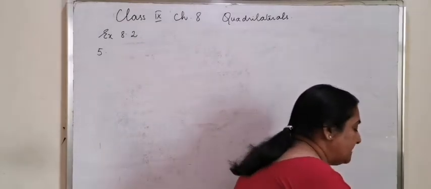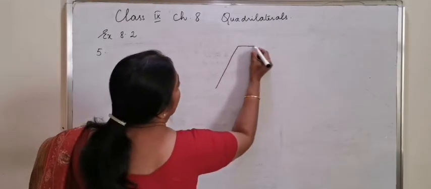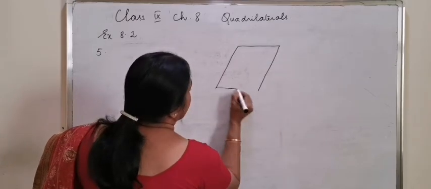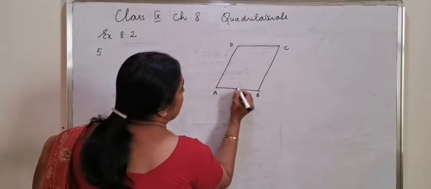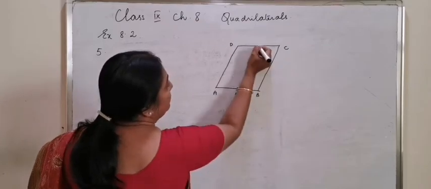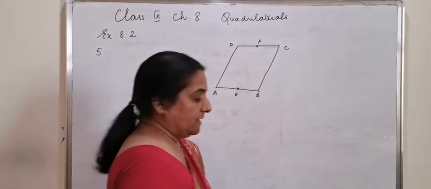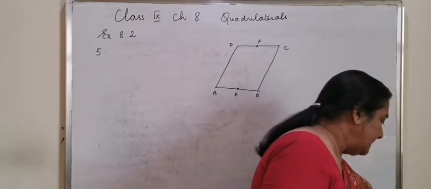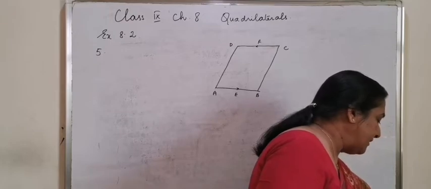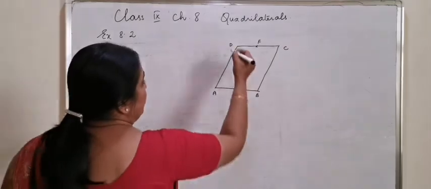So given ABCD is a parallelogram, and E and F are the midpoints of AB and CD, and then what we have to prove is show that line segments AF and EC trisect diagonal BD.